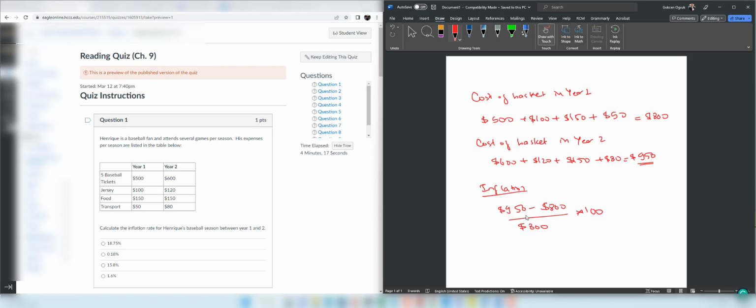So if we do this calculation, it's going to be $150 divided by 800 times 100, which is equal to 18.75%. This is one way of calculating inflation. So in this method, you are going to find a cost of basket for each year and find out the percentage change in the cost of basket from one year to another.